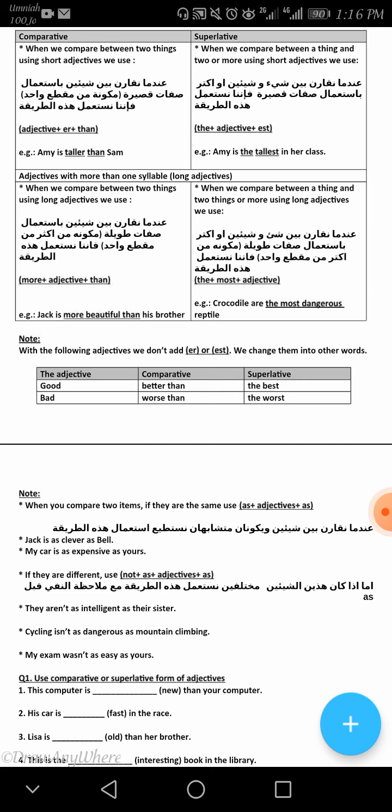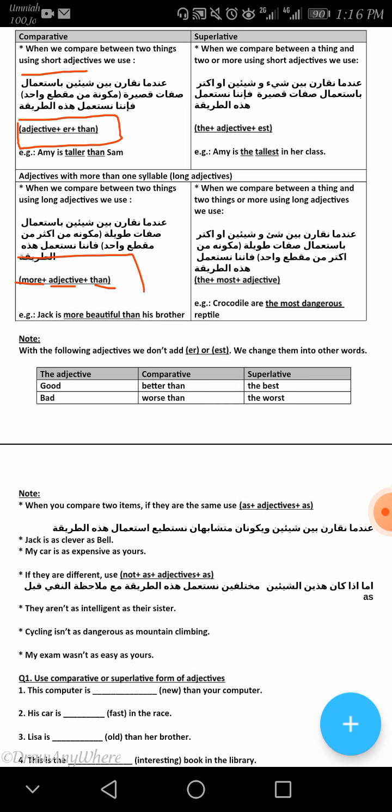So as you see here, how to use comparative, كيف بستعمل comparative: to use adjective plus er if it is short, adjective plus er plus than. And if the adjective was a long adjective it will be more plus adjective plus than.